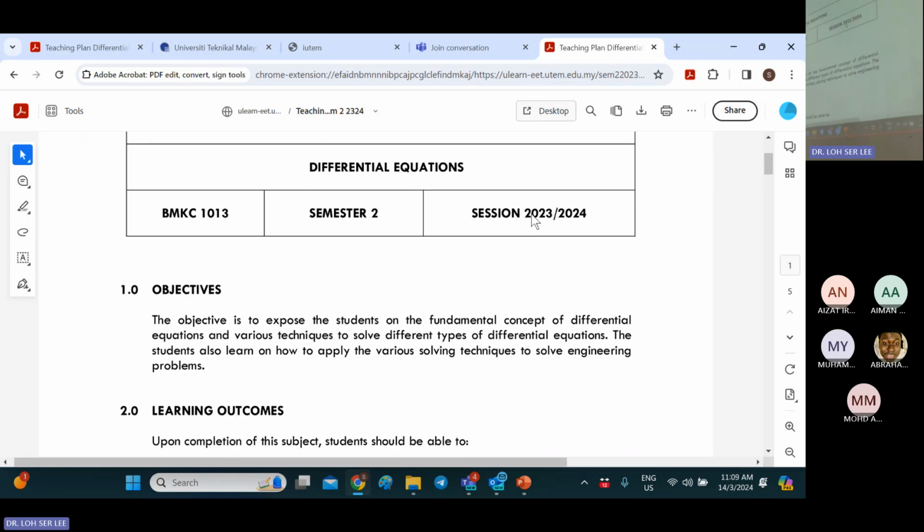The title is differential equation. In this course, you will look at many equations that contain derivatives, that means y prime, y double prime. All these are derivatives. So when an equation contains y prime, y double prime, it is a differential equation. Throughout this course, you will learn different methods to solve different kinds of differential equations.